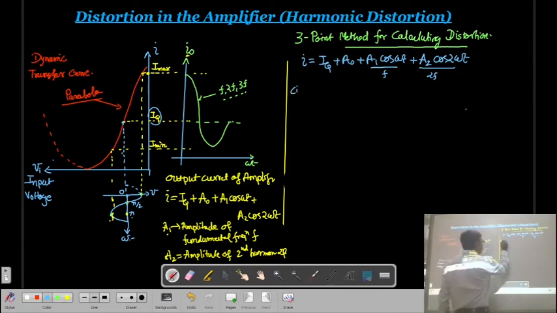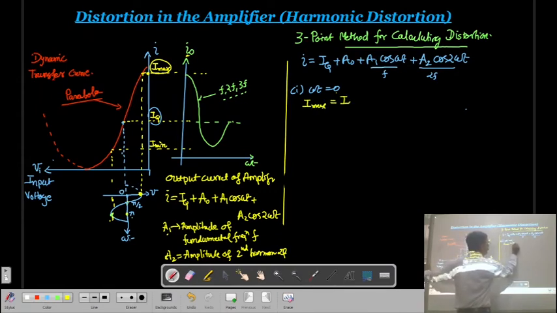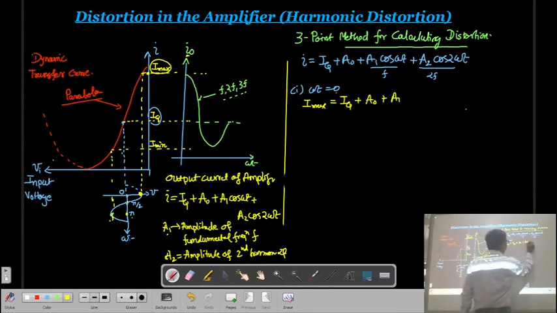So what should be the first one? Remember, first one, if I take omega t is equal to 0, means I am taking this point. Omega t is equal to 0. At that time, what is the current? It is I maximum. So if I write this equation for omega t is equal to 0, then instead of I, I will write I maximum equal to IQ plus A0 plus A1 cos 0 plus A2 cos 0.